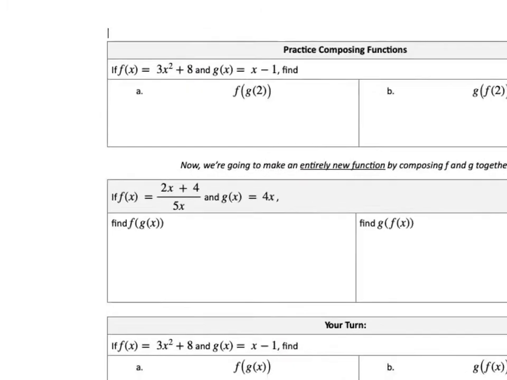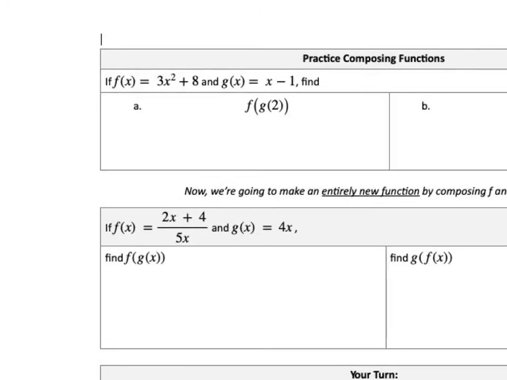Okay, so I have these 2 functions. I have f of x equals 3x squared plus 8, and I have g of x equals x minus 1. I want to know what f of g of 2 is. And on the previous slide, we said we start with the innermost function first.